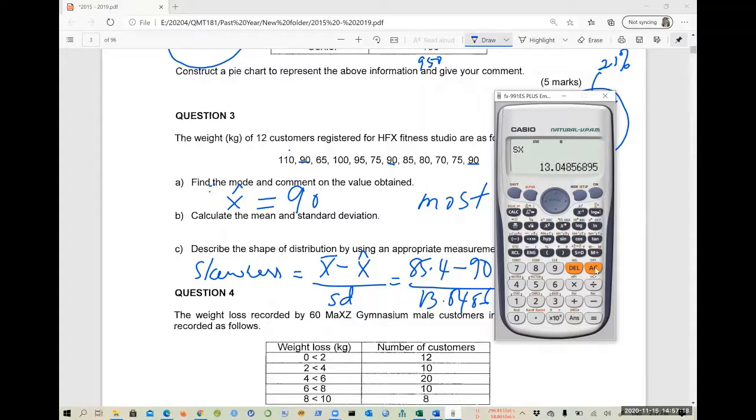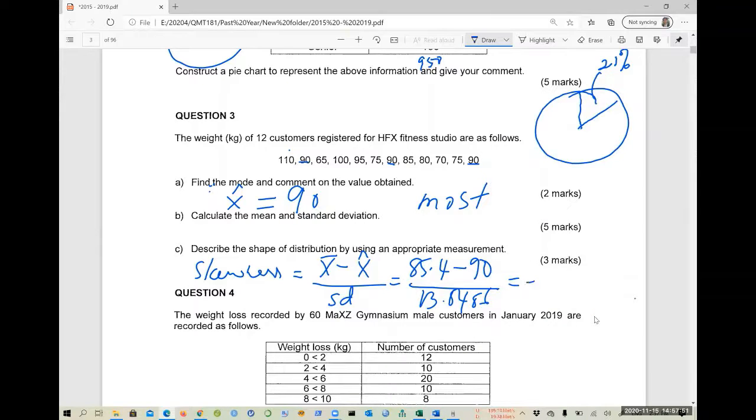So let me just calculate this one. You get 85.4 minus 90, divided by 13.0486, so you get negative 0.3525.